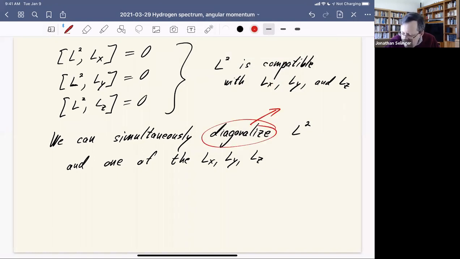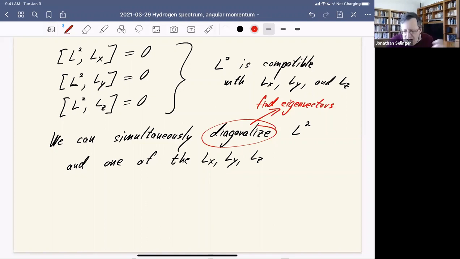We can simultaneously find eigenvectors. So we can find a set of eigenvectors that work for both L squared and one of the components of L, but not for all of the components of L. We proved that's impossible. So we can diagonalize L squared and pick one of the three components, but not the other two.